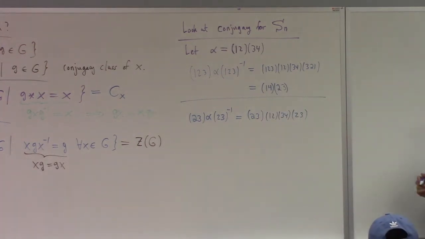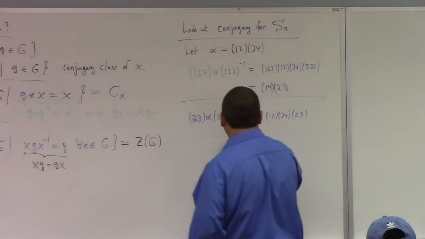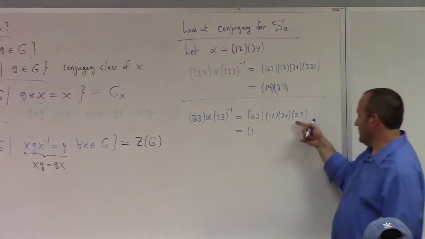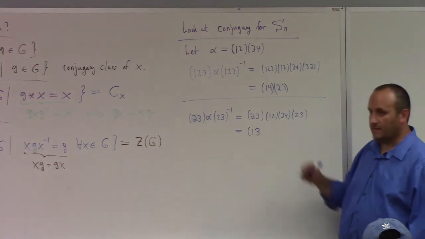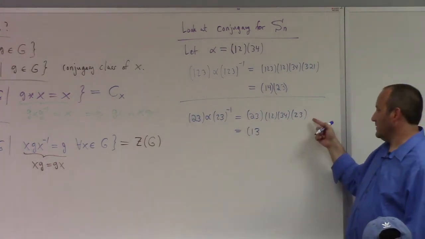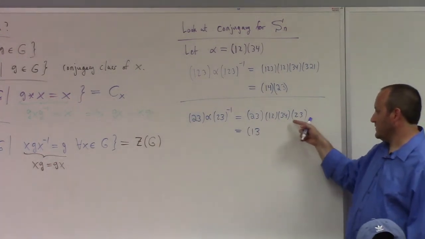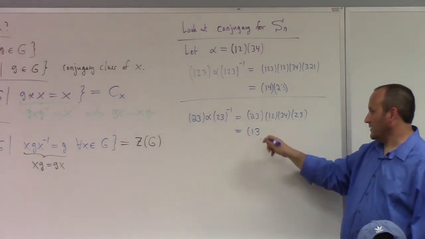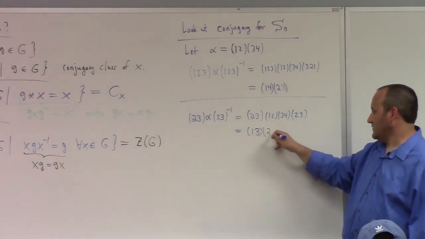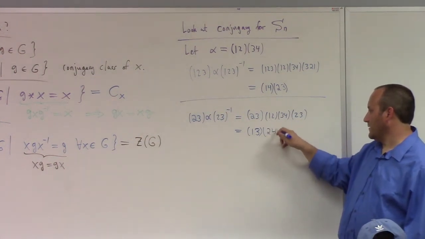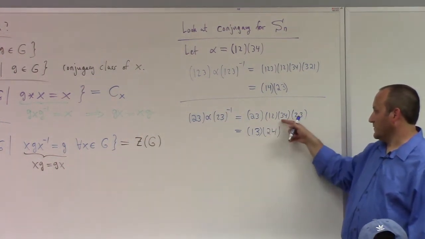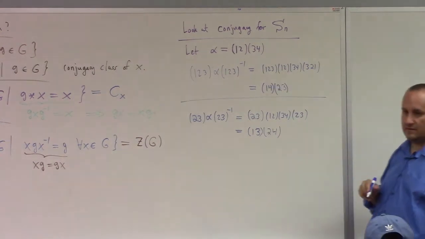What do we get? Where does 1 go? 1 goes to 2, 2 goes to 3. So 1 goes to 3. And let's see here. Then 3. 3 goes to 2, 2 goes to 1. Oh, close the cycle. Look at 2. 2 goes to 3, 3 goes to 4, so 2 goes to 4. And then you can check 4 goes to 3, and 3 goes back to 2. We close the cycle again.